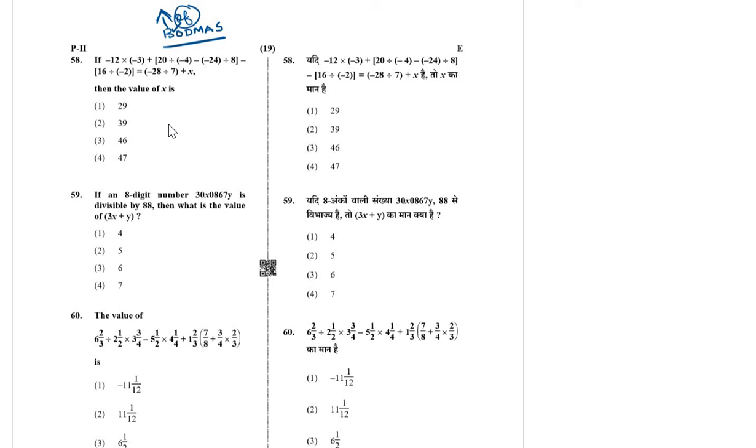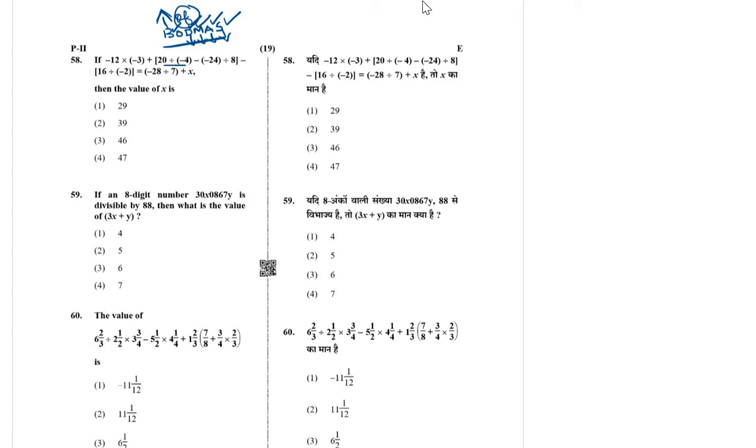This is the order, then division, then multiplication, then addition, and last subtraction. This is the order. If some value is given, division should be done first, second multiplication, addition and subtraction. So check first where there is division.